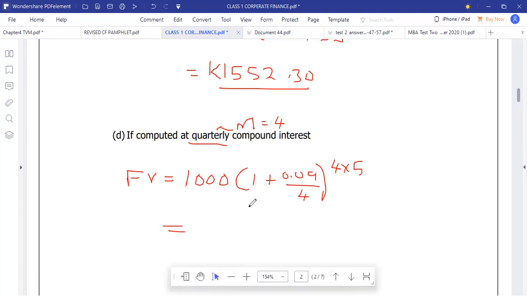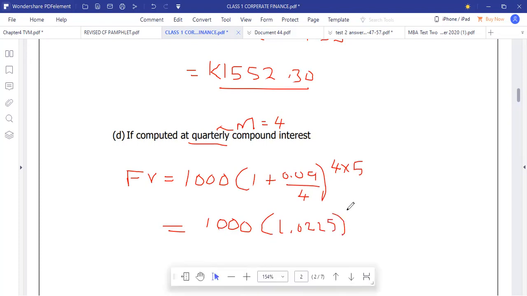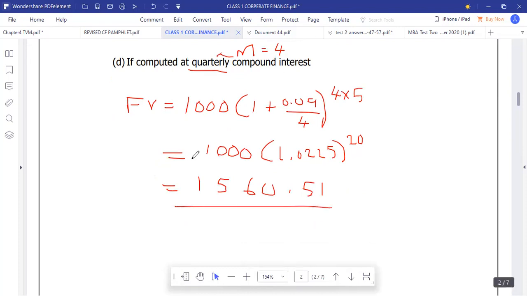What do we get? 0.0225. Yes. Then you power it: 1.0225 to the power 20. Then you multiply by 1,000. So you see the figure is becoming bigger. This is compounded quarterly.